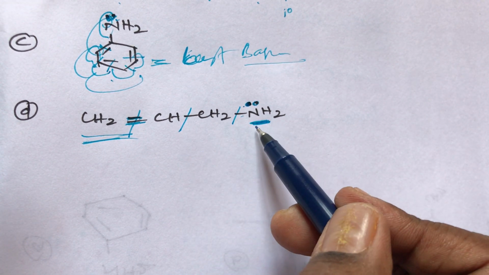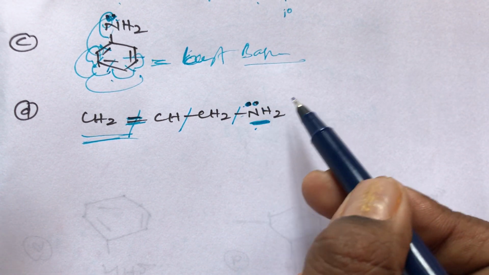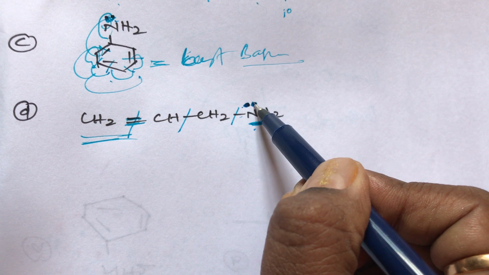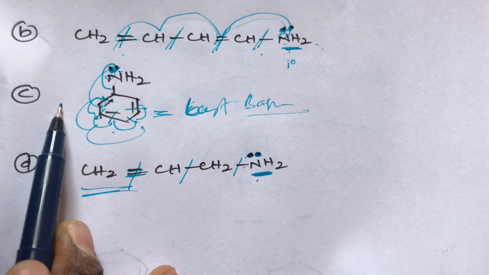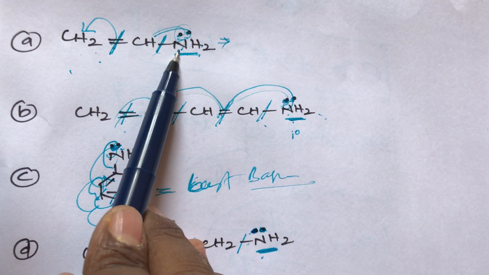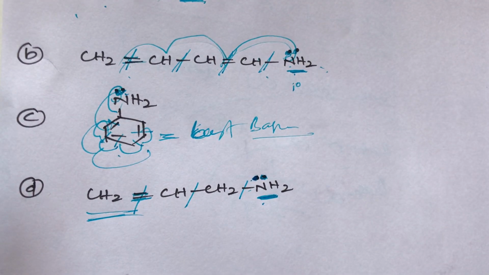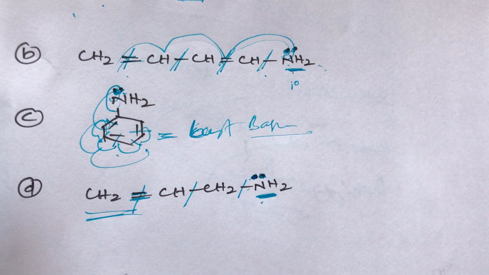So that is the reason this D compound has more density on nitrogen, more density means that lone pair does not change. In C compound, the lone pair is participating in the resonance, B compound also participating in the resonance, A compound also participating in the resonance. The more number of times participating in the resonance, that compound is the least basic.